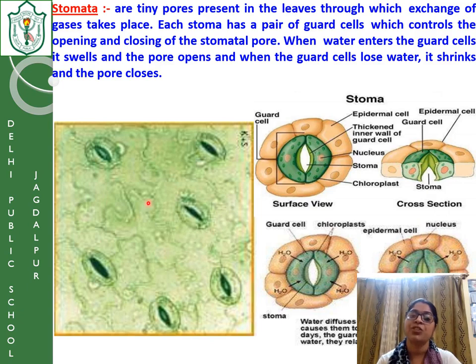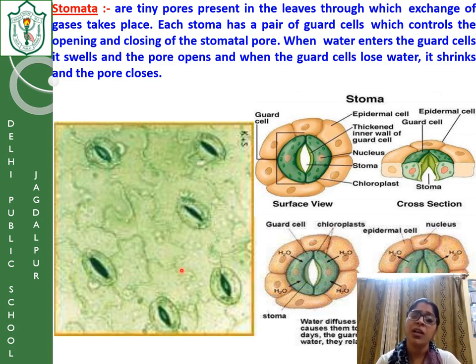This type of structure you are going to view. These are the guard cells, light colored, and the central portion, dark green, is showing the stoma. And these uneven structures that you can see are the epidermal cells, which hold the guard cells intact in place.